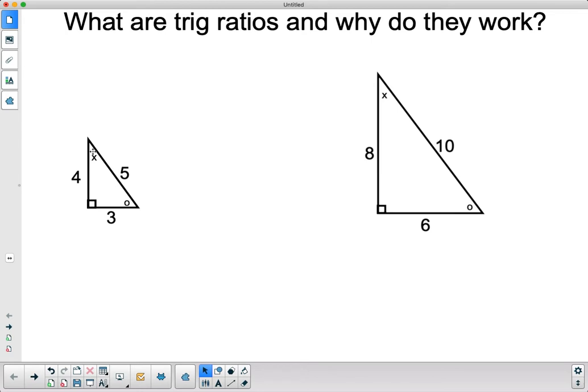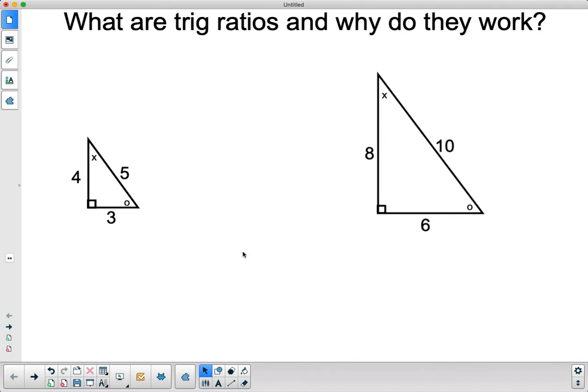So any similar triangle that I can make to these that has this angle in it, whatever that angle is, we don't know the number of that angle, will be similar to any other right triangle that has this angle. Now the reason for that is 90 degrees is already taken up here. And so if one angle is the same as the other angle in the triangle, then automatically the third one is the same by the angle sum of a triangle theorem.